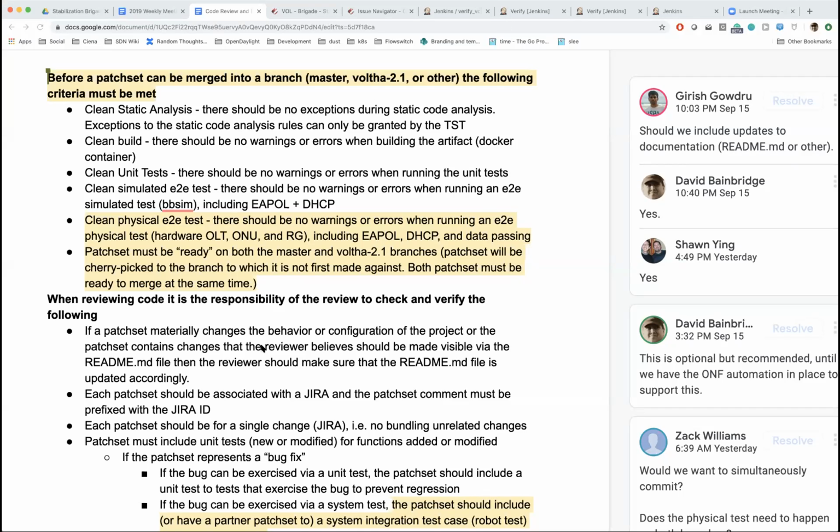So the process I expect will be: develop your patch set against whichever branch you're going to develop it against, get it reviewed, run it through all the requirements, and when that patch set's essentially ready to be submitted, cherry pick it onto the other branch and get that ready to go as well. The idea being that when we submit a patch, you can essentially go to one branch, submit, go to the other branch, submit. Any questions on that so far?